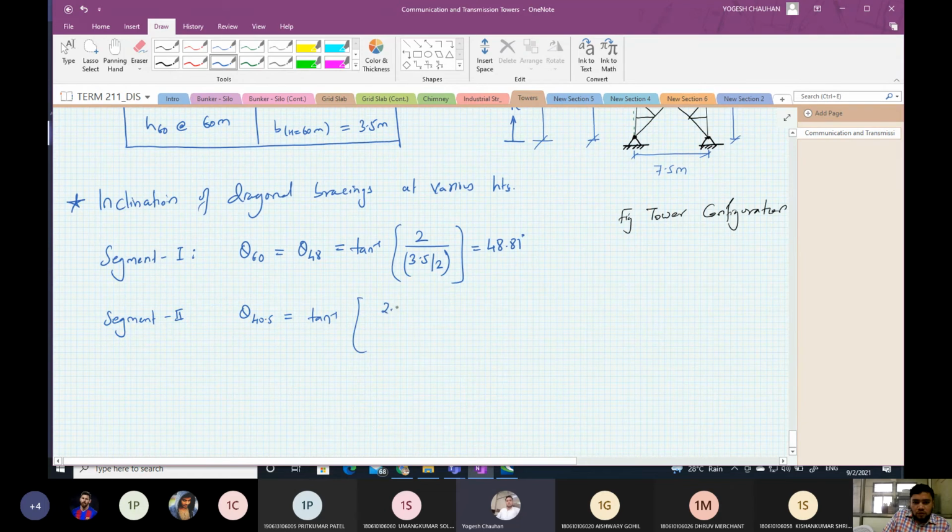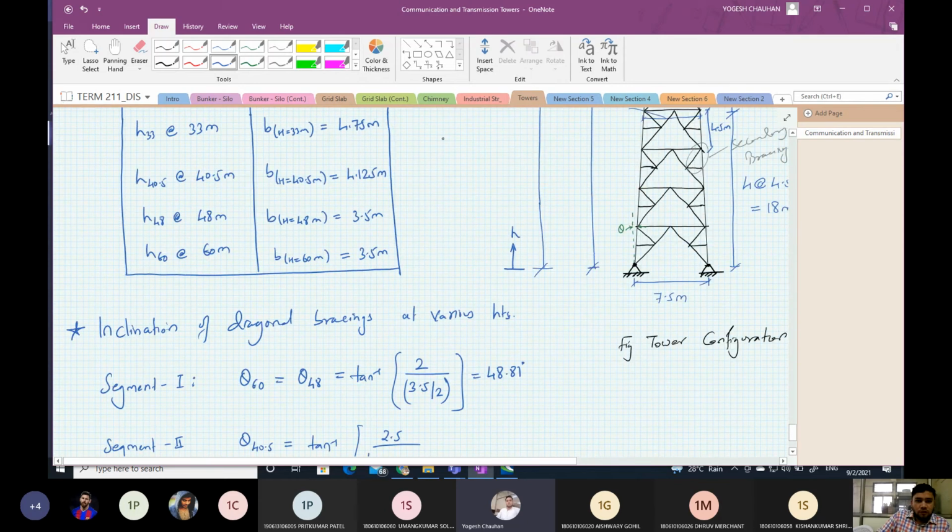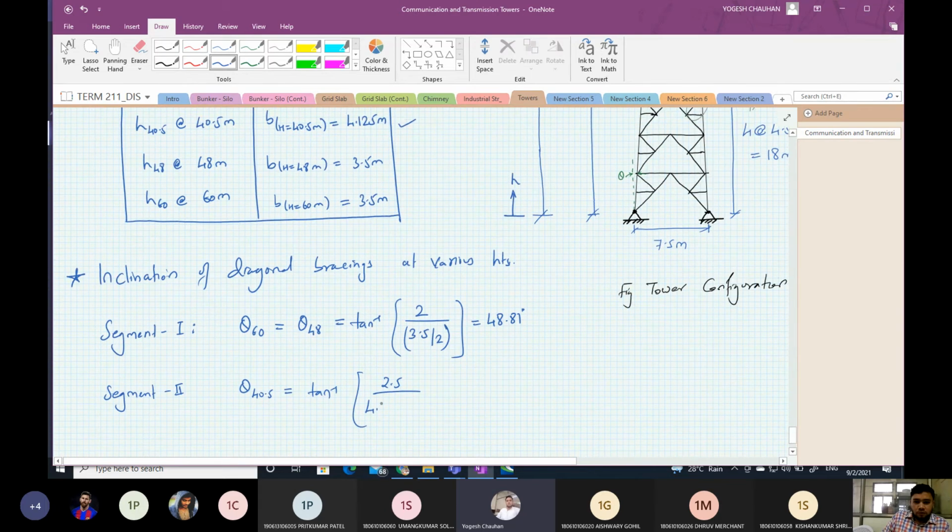So this is 2.5, and at 40.5 meter height the width is 4.125, so 4.125 divided by 2.